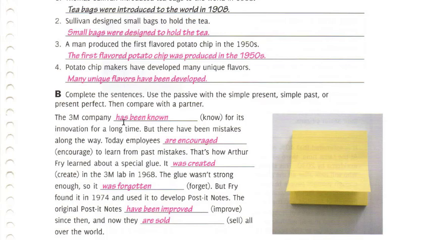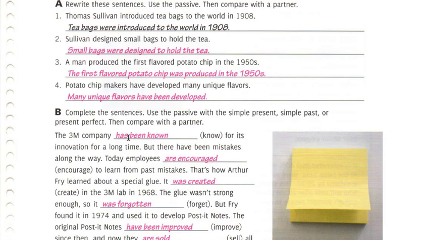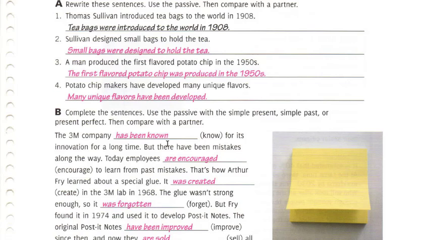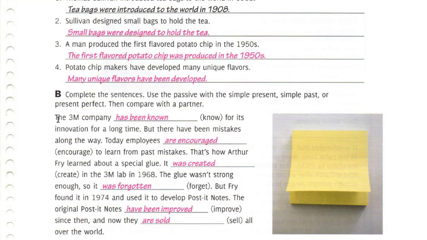Okay, so we add the auxiliary word has, the auxiliary word be, and we change it to been. And we change know to known. So it can be in its present perfect form. So the 3M company has been known for its innovation for a long time.